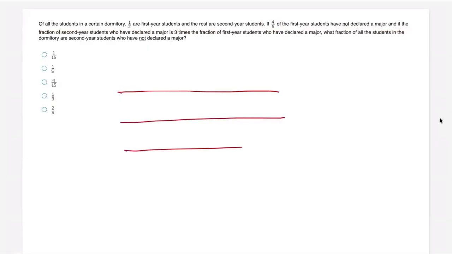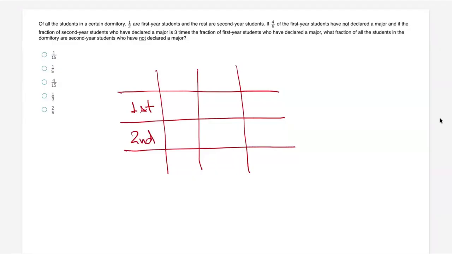In this moment, I know I have this two-way table where I put first year, second year, declare a major, don't declare a major. So a half is first year, independent of declaring or not declaring, half not. They are second year, independently if they declare or not.